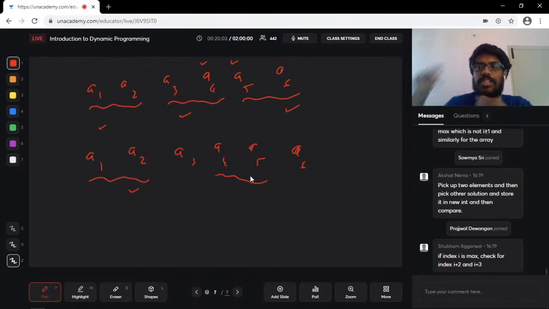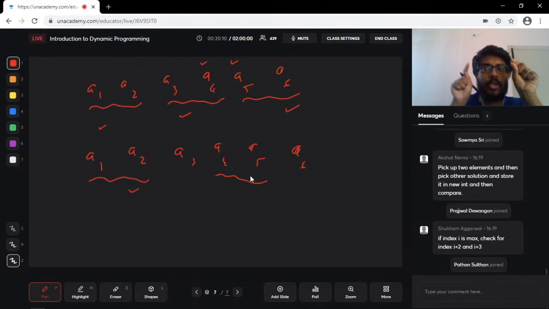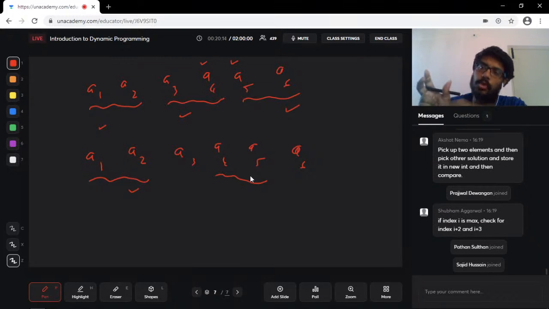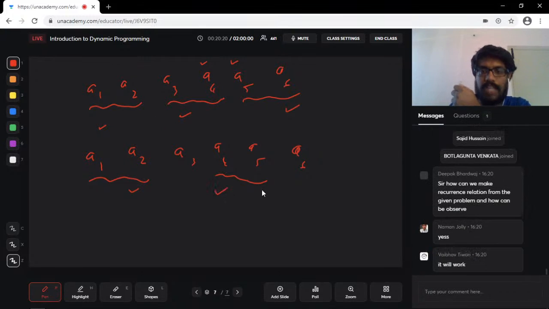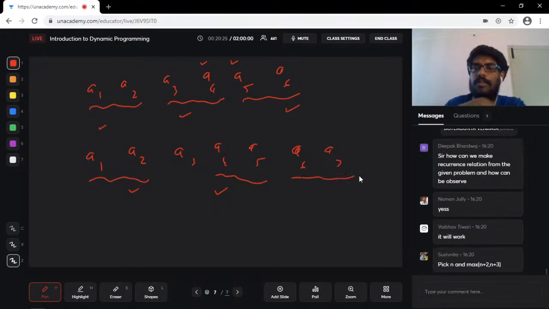Whichever you're picking, pick it, then skip the next element, because I've picked this, I know I can't pick the next. Then amongst the next two elements, pick the maximum. Maybe I'm picking A4, in which case skip A5, and amongst A6 and A7, find the maximum and keep doing this.